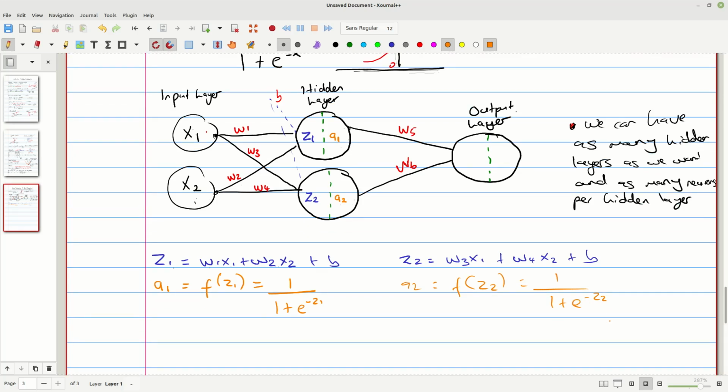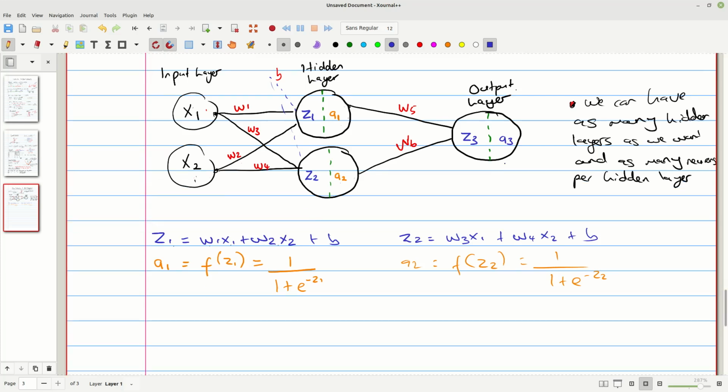So we have A1, we have A2, and the next thing is we're going to have Z3 and A3. How are we going to compute Z3? We compute it in a similar way.